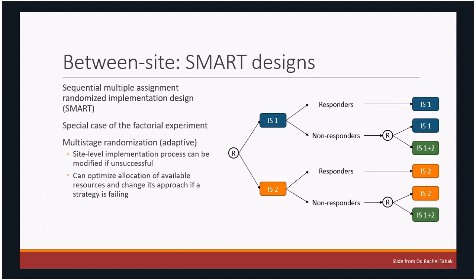Another type of between-site design would be what's called the SMART design, and with this, you're using randomization at multiple points throughout your study, so not just at the beginning. What's nice about these is that you can assess whether changes are happening throughout the course of your study, so you don't have to wait till the end to understand if something is successful or not.